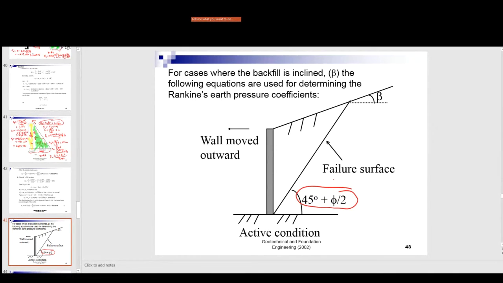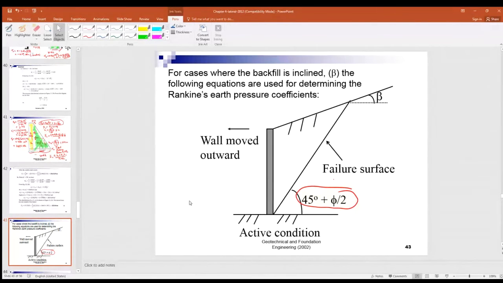If you do not have further questions, then I will continue my discussion of the retaining wall.